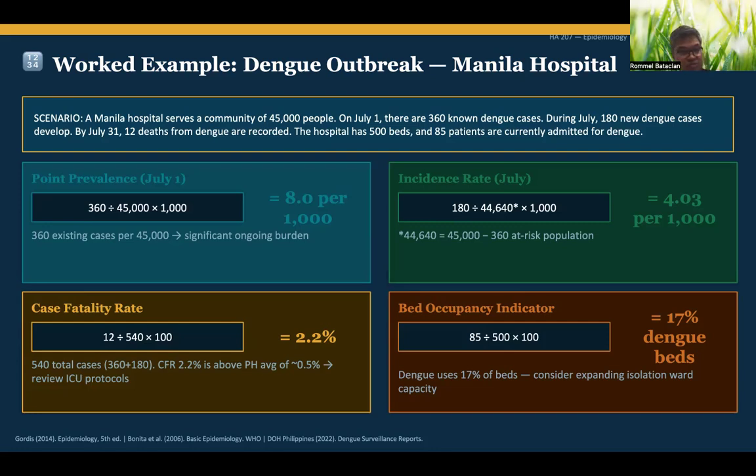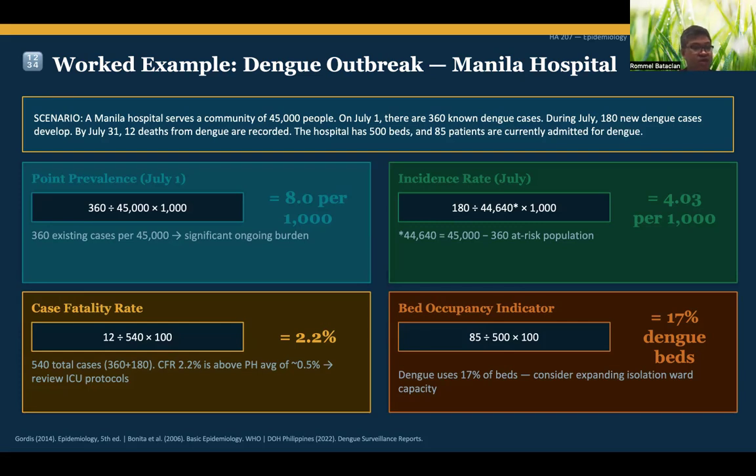So, are the cases being caught early enough? Is the management of these patients being properly administered? So, those things need to be investigated by using case fatality rate. So this is the kind of insight that makes it essential for hospital management, and it's not just mere computation of numbers.